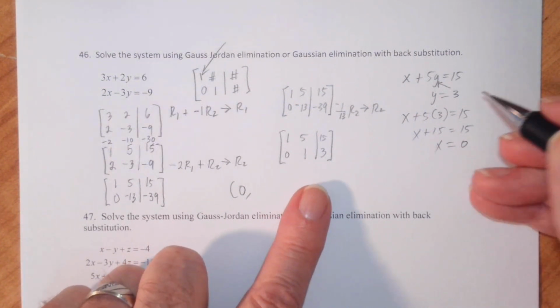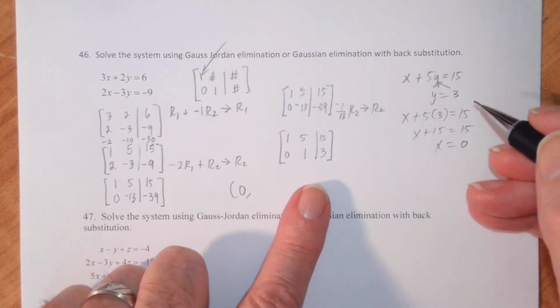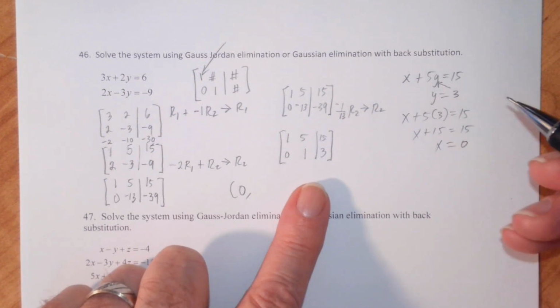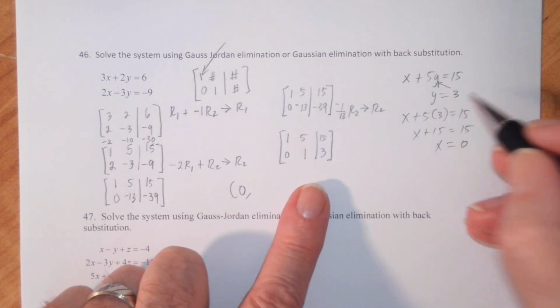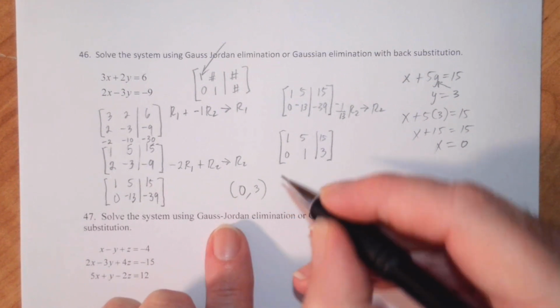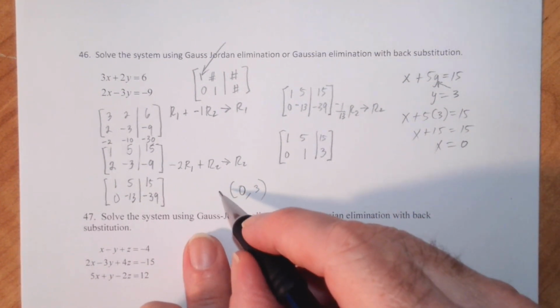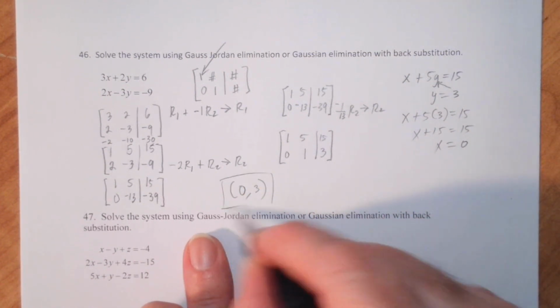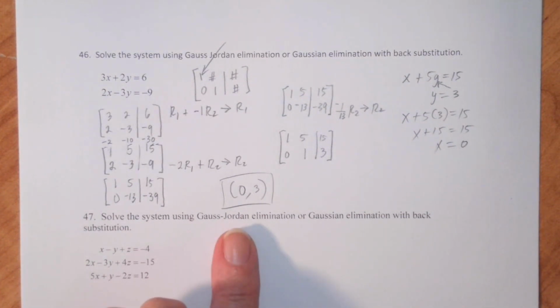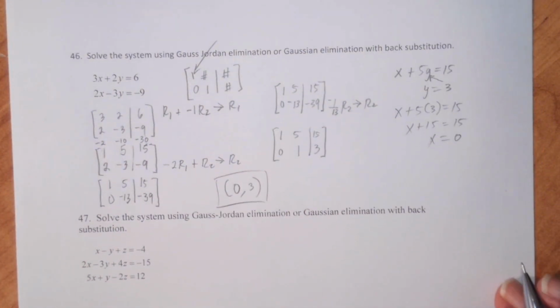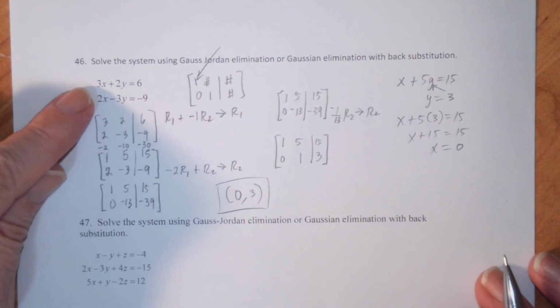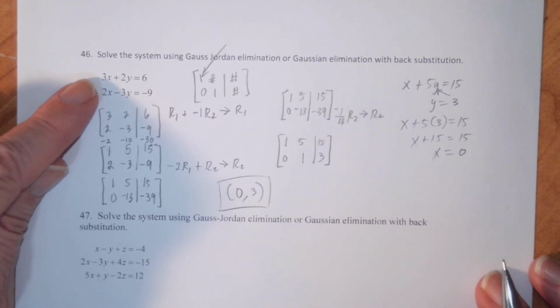Now I would use, let's see, I'm sorry, we already have y. y is 3. So (0, 3) is our solution. And again, if we had a choice, we'd probably choose to use elimination here.